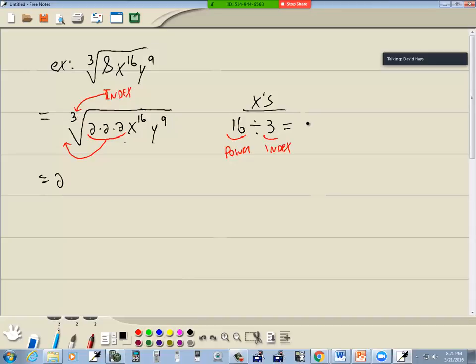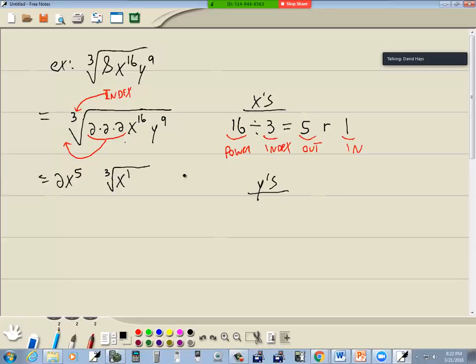So 16 divided by 3 is 5 with a remainder of 1. So that means I'm going to have 5 come out, and I'll have 1 stay in. So we'll have 5 x's come out, and we'll have 1 x stay inside.